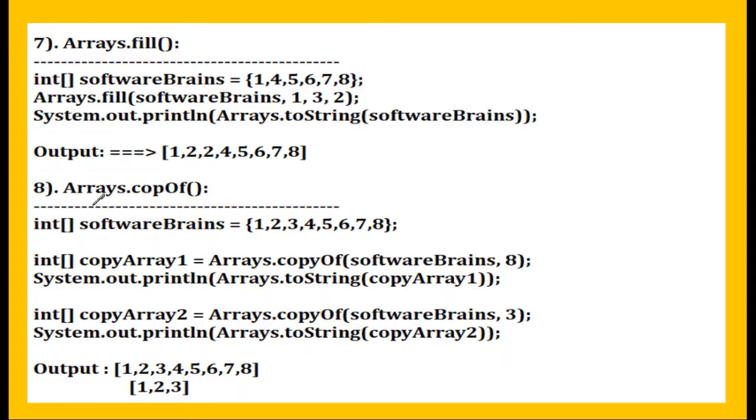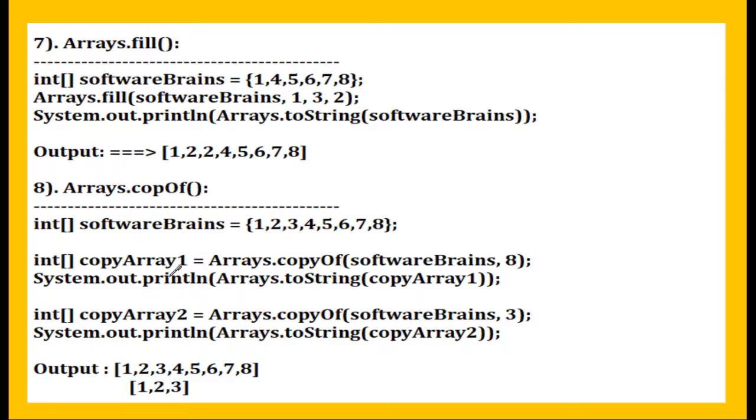Moving on to the next method, that is the Arrays.copyOf method. If you want to create a copy of an existing array, then you could directly use this method. One example array is softwareBrains with 1, 2, 3, 4, 5, 6, 7, 8. Now I need to make a copy.